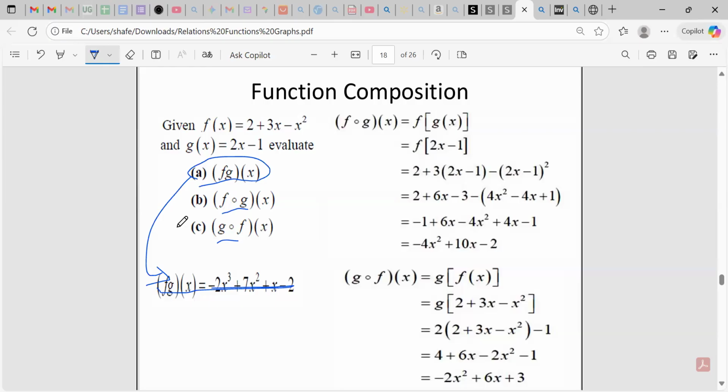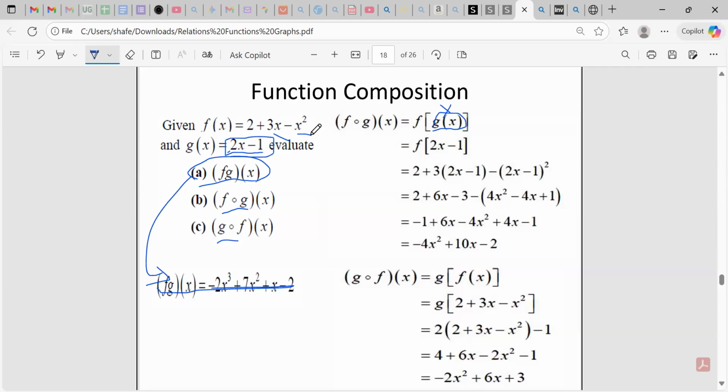The composite of f and g. So we're taking g, which is 2x minus 1, and treating it like a big X. We're putting the whole of g(x) in the place of x.